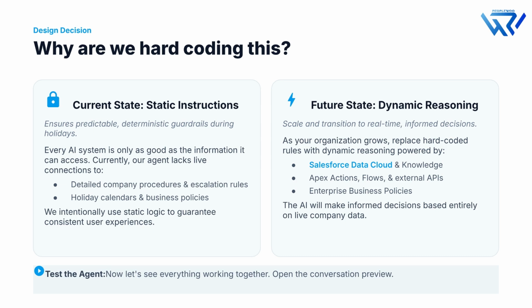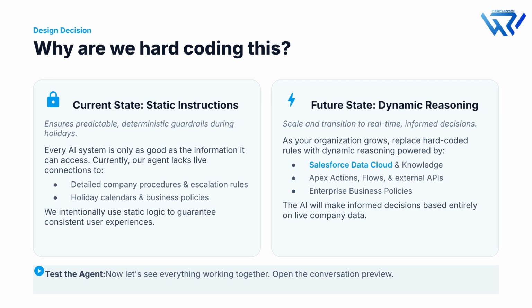Deterministic logic ensures the AI always produces the same predictable response during holidays. As your organization grows, you can replace these hard-coded instructions with dynamic reasoning, powered by Salesforce Data Cloud, Knowledge Articles, Apex, action flows, APIs, and enterprise business policies. At that stage, your AI will no longer rely on static instructions. It will make informed decisions based on live company data.